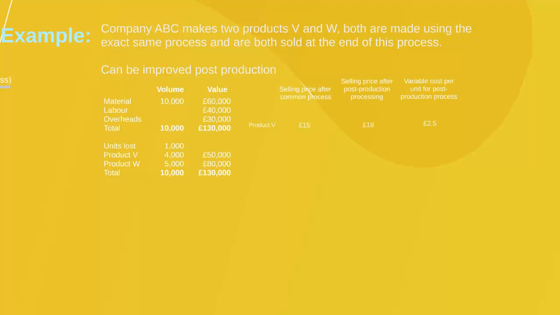So for product V, the selling price after the common process is £15, the post-production selling price is £18, and the cost involved in the post-production process comes to £2.50. For product W, the selling price after the standard process is £20, the post-production price is £22, and the variable costs involved in the post-production process comes to £3.